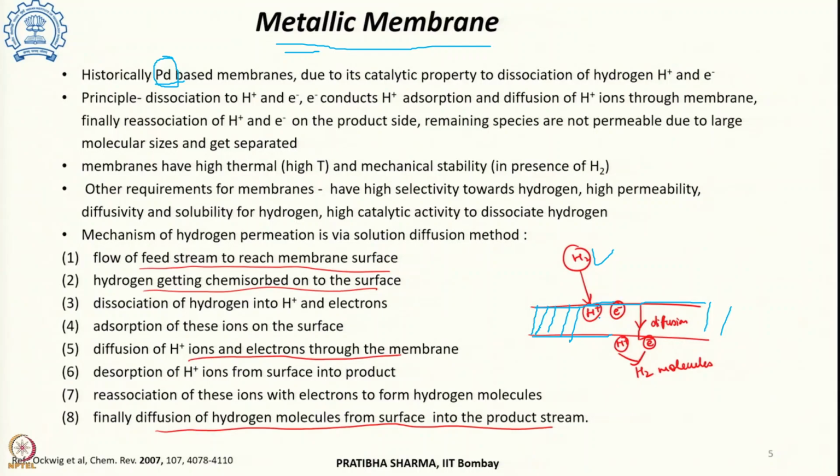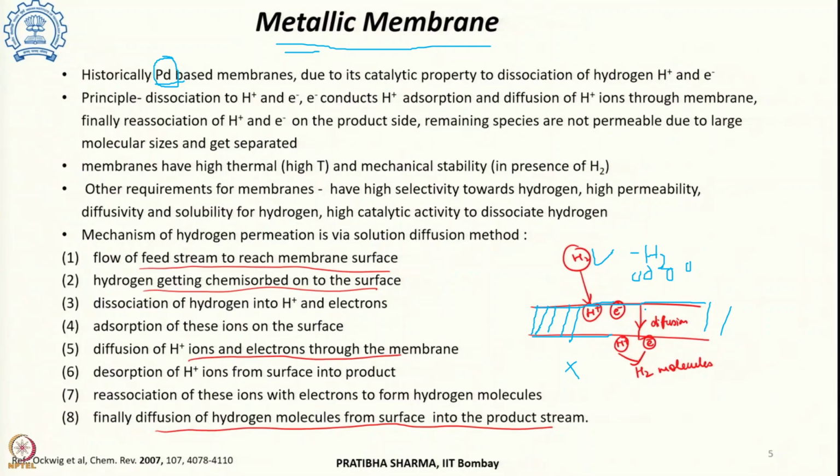This H plus and electron will diffuse. Why diffuse? Because on this side hydrogen molecule concentration is very high, but here there is no hydrogen.